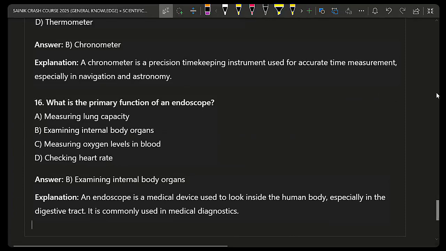Examining internal body organs. An endoscope is a medical device used to look inside the human body, especially in the digestive tract. It is commonly used in medical diagnostics. Next question. Which instrument is used to measure the power of electrical circuits?